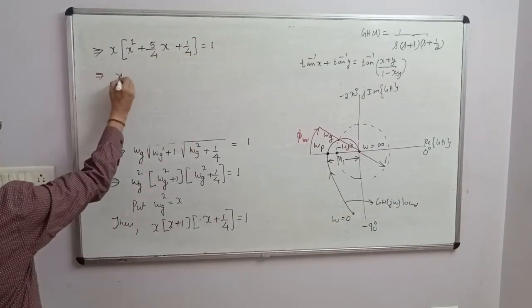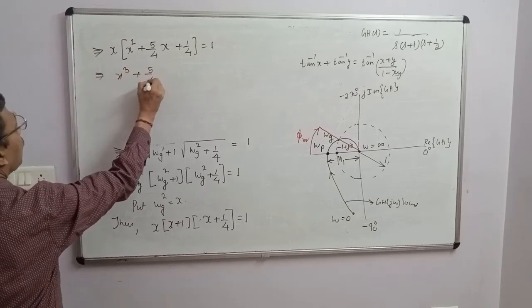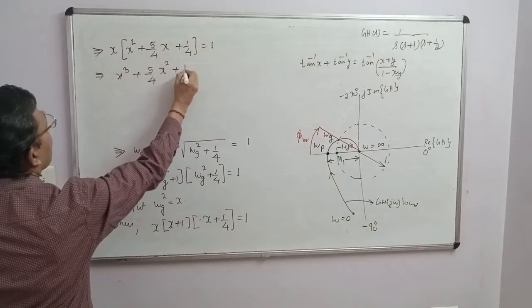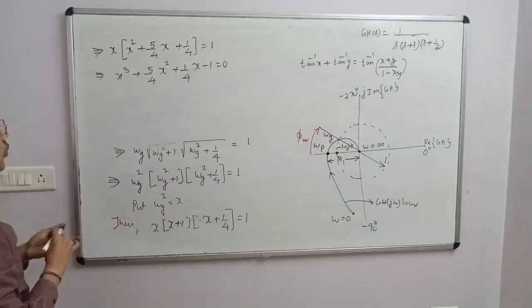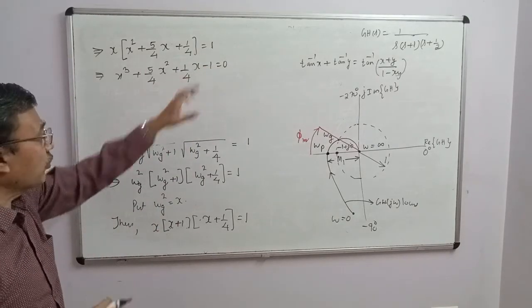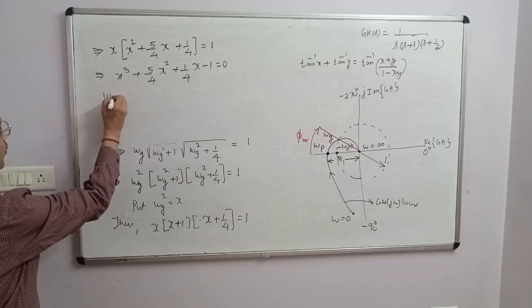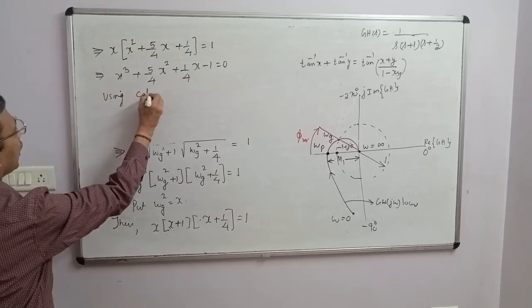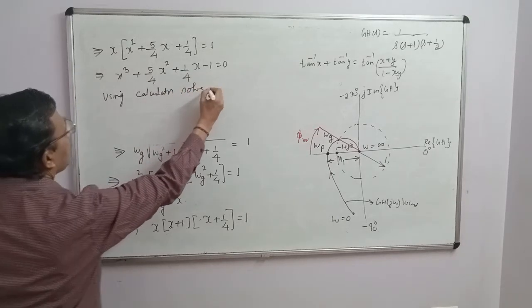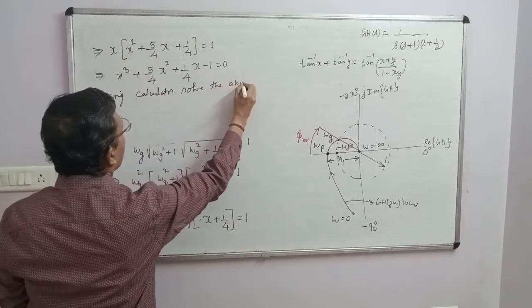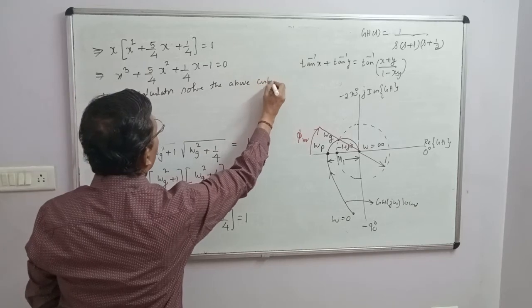This implies x cube plus 5 by 4 x square plus 1 by 4 into x minus 1 equal to 0. Using calculator, solve this cubic polynomial.